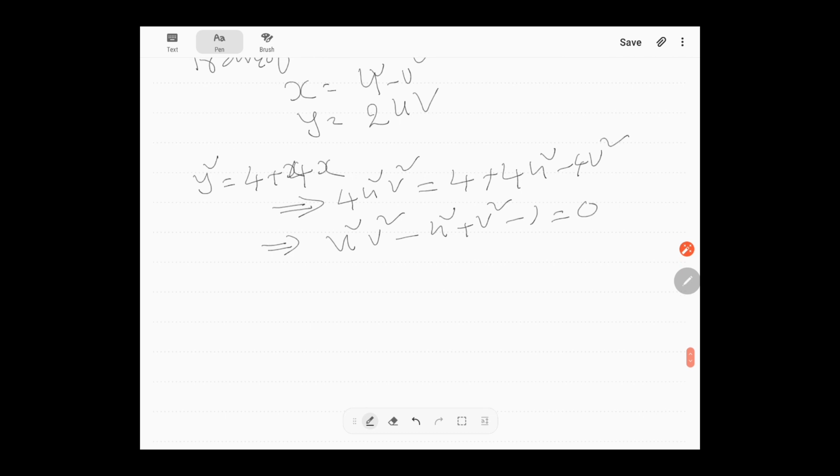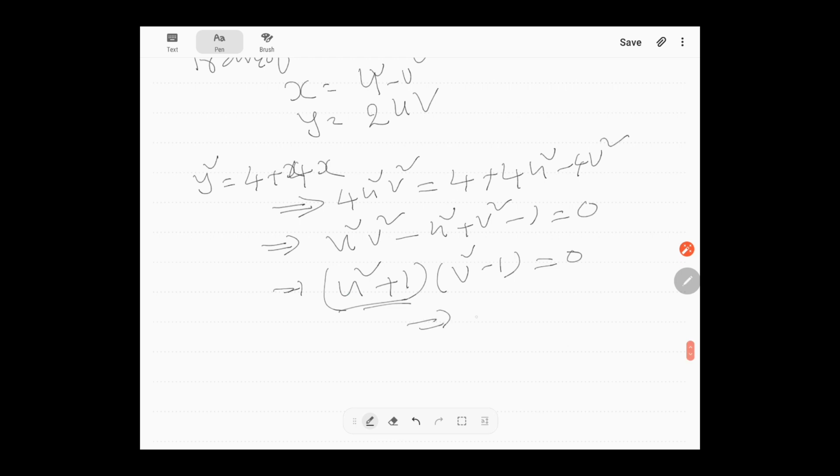Taking u square common from the first two, u square into v square minus 1, and the remaining is v square minus 1. So u square plus 1 into v square minus 1 is 0. u square plus 1 will never be 0 because u square is positive.